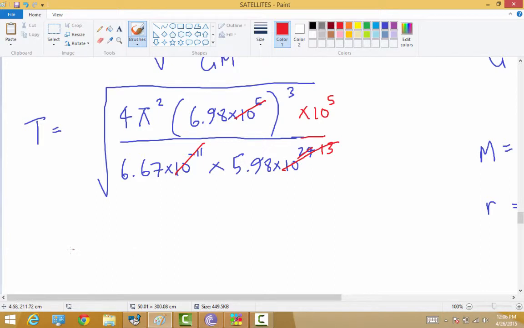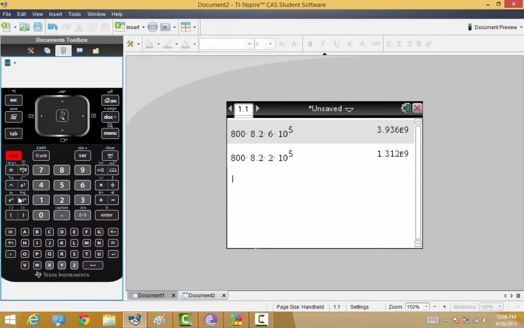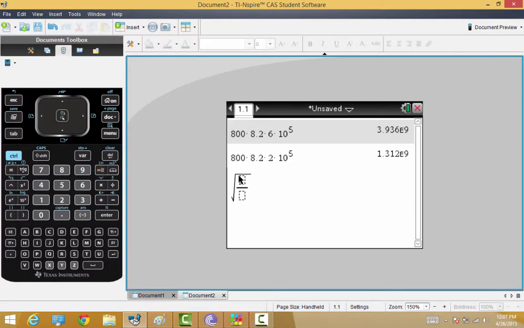Right, put that in the calculator. What do we have?